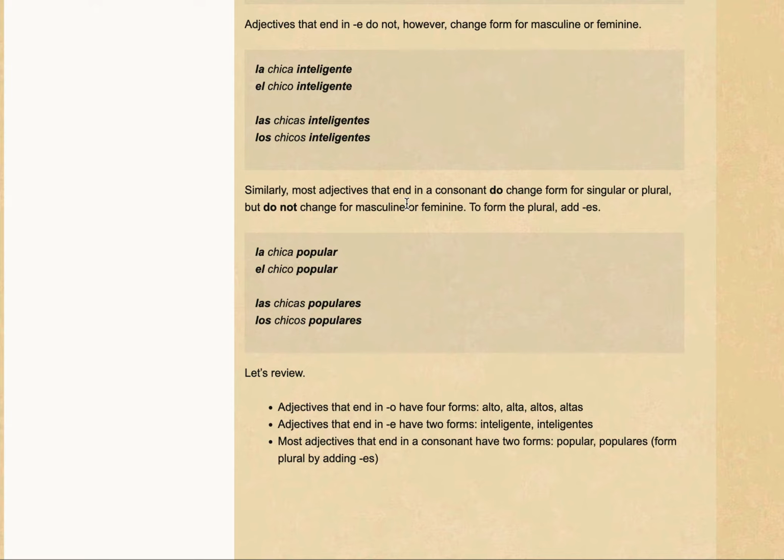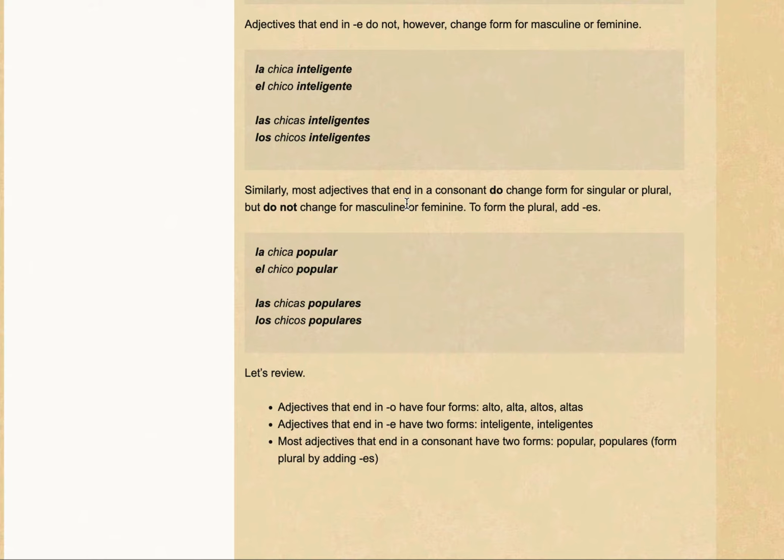So most adjectives that end in a consonant do change form for singular or plural. Which is fine, right? That's what you've seen even with adjectives that end in "o" or "e". They change form by adding an s to it, right?